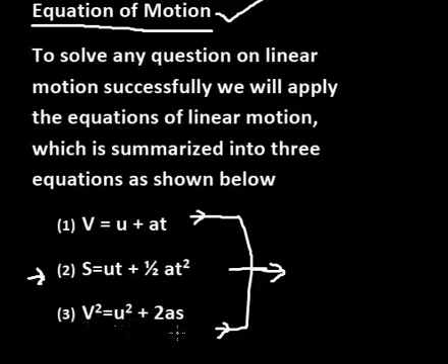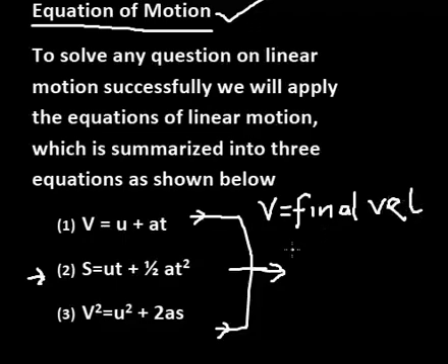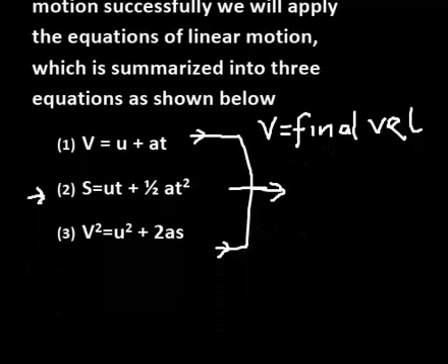Now the question is, what is the meaning of the parameters? v, in linear motion, represents the final velocity, which simply means that an object has two velocities. Any time an object starts to move, it doesn't start with the highest speed.